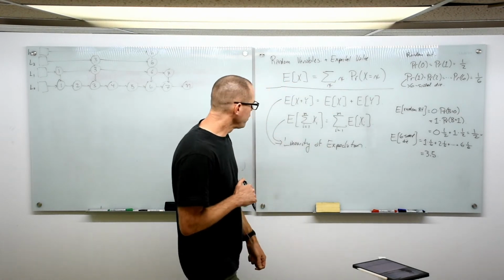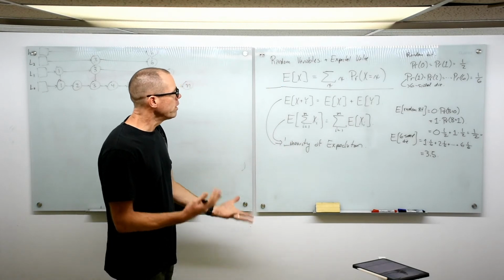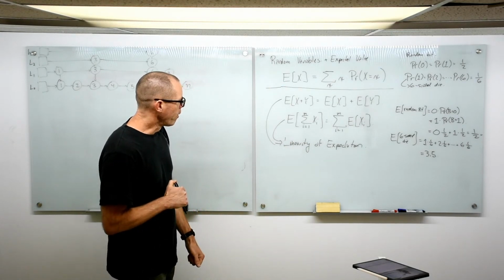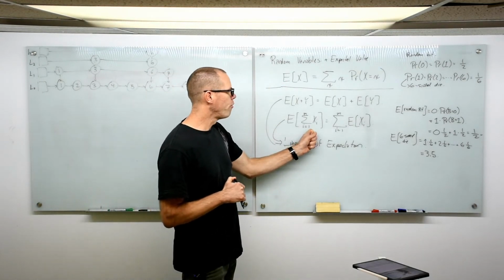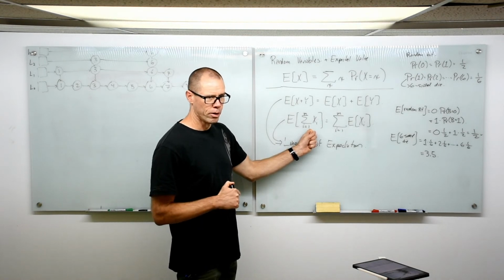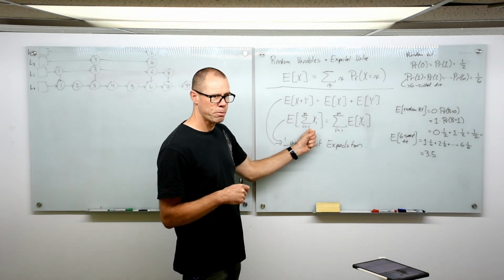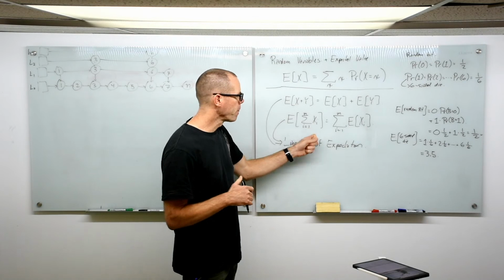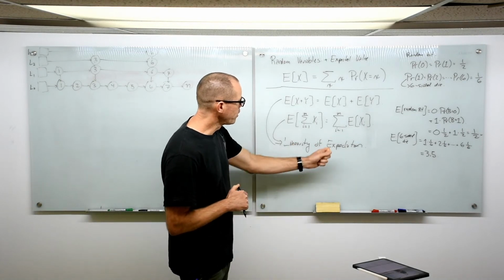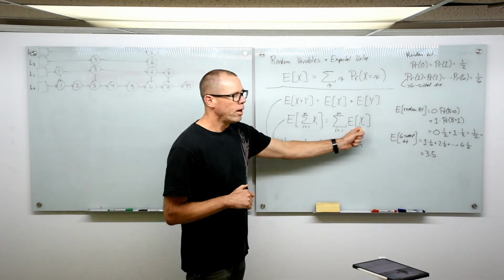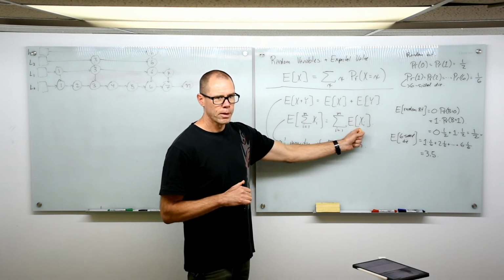And there's an extreme version of this where actually what we have is a sum of many random variables. Then we would like to know the expected value of that sum. Well, it turns out that that's just the sum of the expected values. Okay.